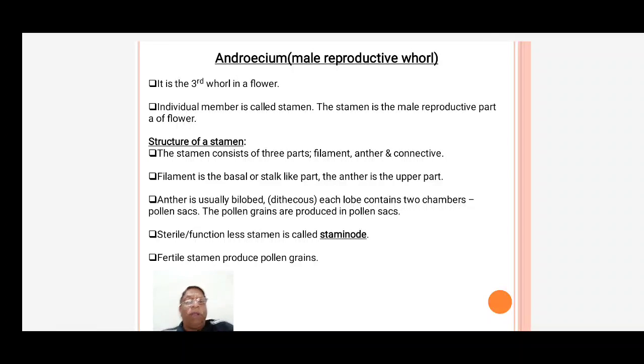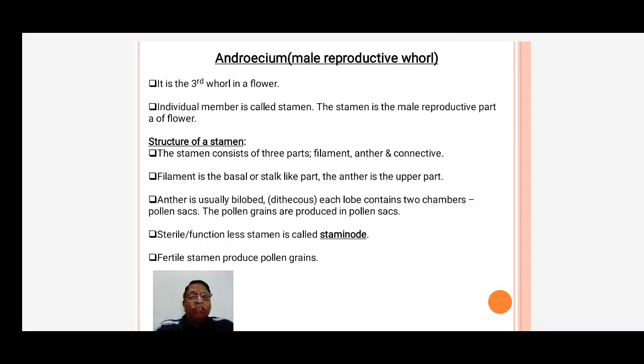Filament is the basal part. It is a stalk-like part. The upper part is called the anther. The anther is usually bilobed.